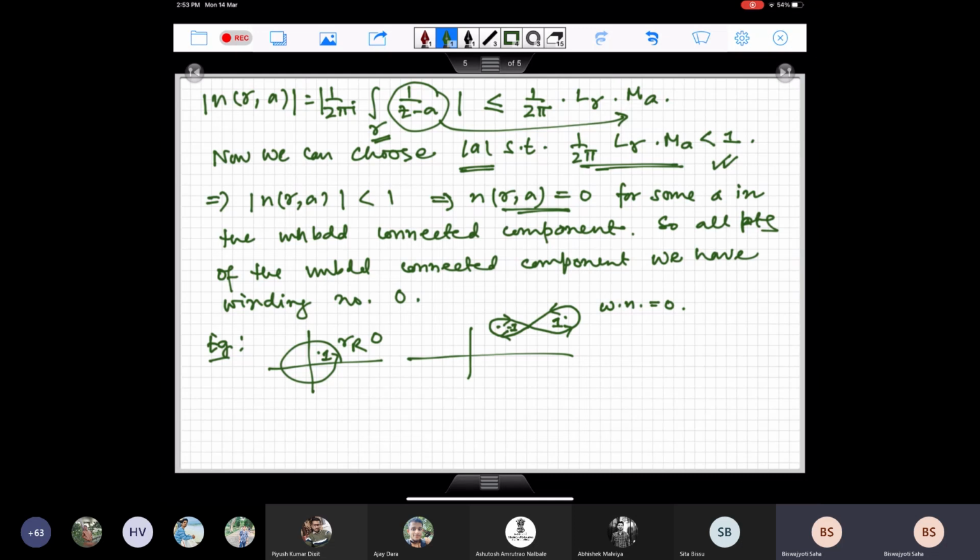So accordingly you will be able to get so many cases like that. Okay, so what we have understood is that on the unbounded connected component we can always say that the winding number is going to become 0, and on each of the connected components it is going to remain constant. Okay, fine. So now you see there is one topological notion which is the notion of simply connected domain. Okay, now this particular concept is actually very relevant in the context of complex integration theory.